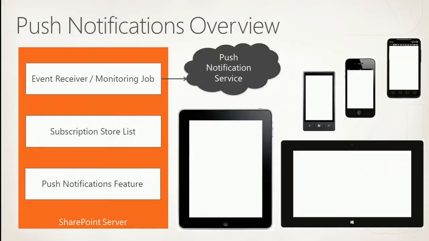So basically, that would call the notification service, which in turn can call out to any type of device that you want. Notice I have the Windows Slate, or pardon me, the Windows Surface, the iPad. I've got Windows Phone 7. I've got an iPhone. I've got an Android. You can call out to the push notification service for all of these different types of device vendors. They all have a notification service which you can have your developers write code to call and send the notifications.